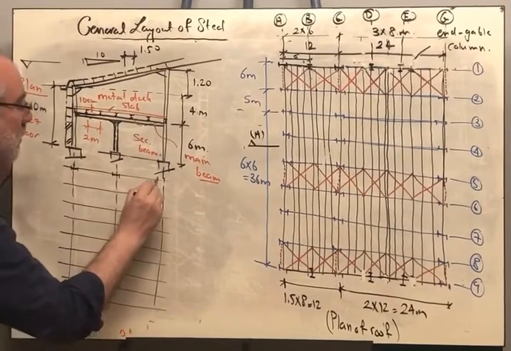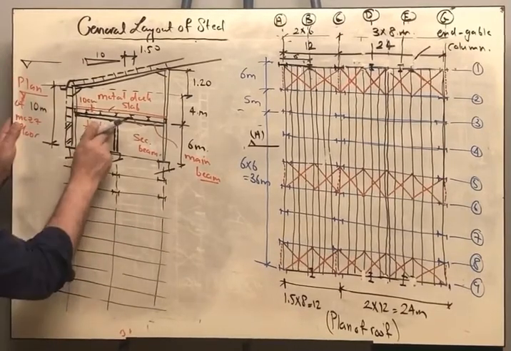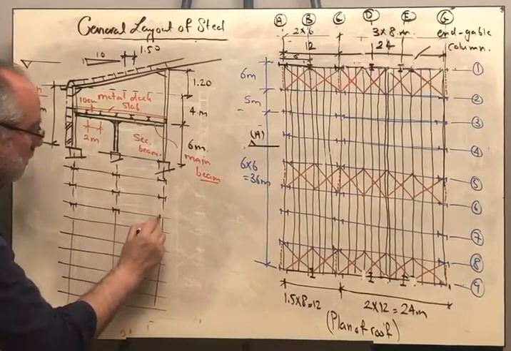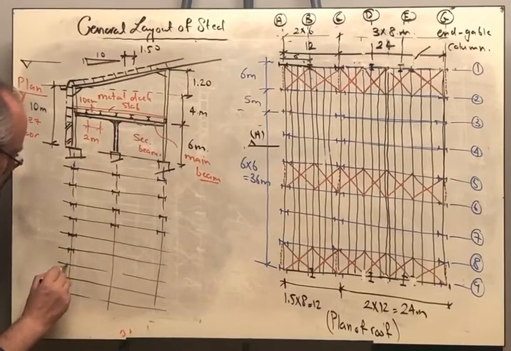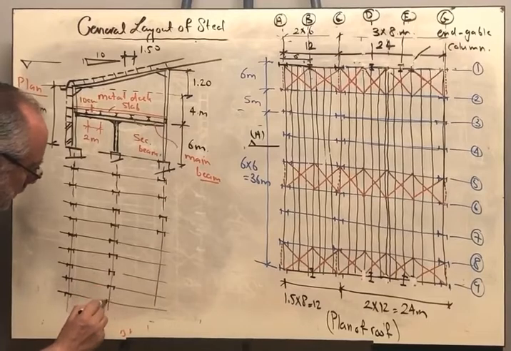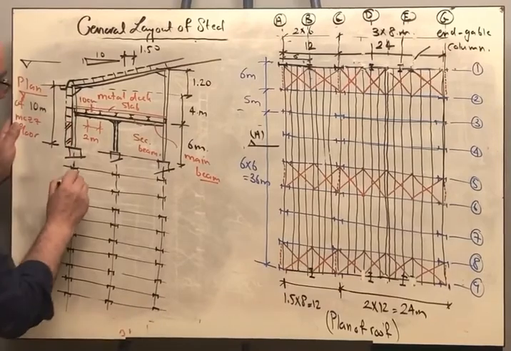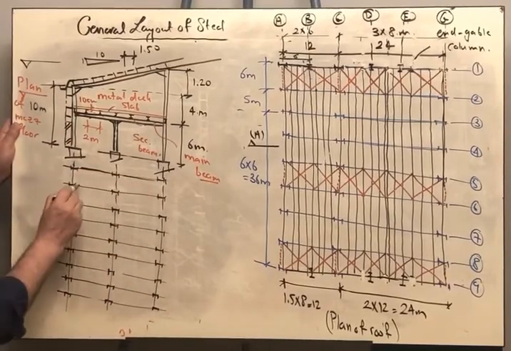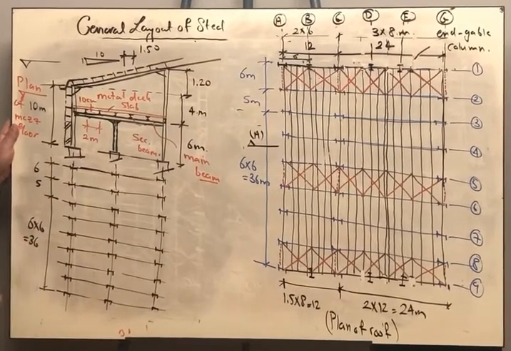And in this plan, we will have a column in the middle because we are having this column here. Okay? And this is the main system. Okay, in this direction. We are having the spacing. This is 6 meters, 5 meters, and then 6 by 6 equals 36.